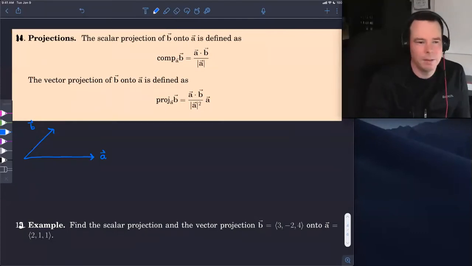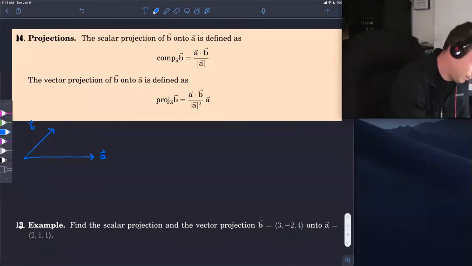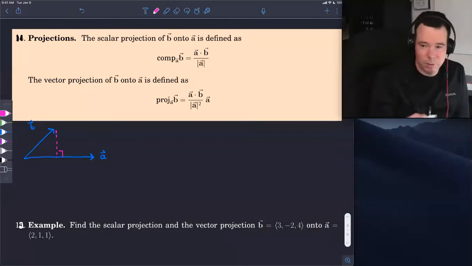Or another way to say this is, how much of the vector B is pointing in the same direction as A? I'll draw this in a different color. What we do is we take a perpendicular and drop it down from the tip of B down onto the vector A.